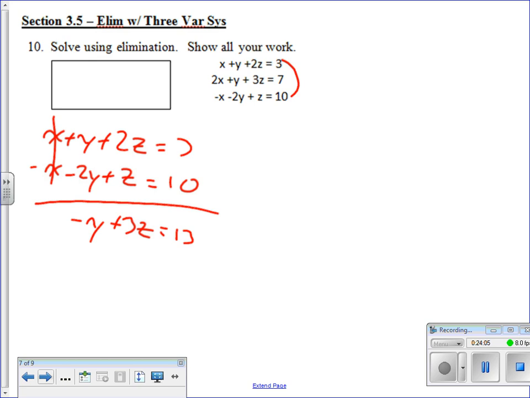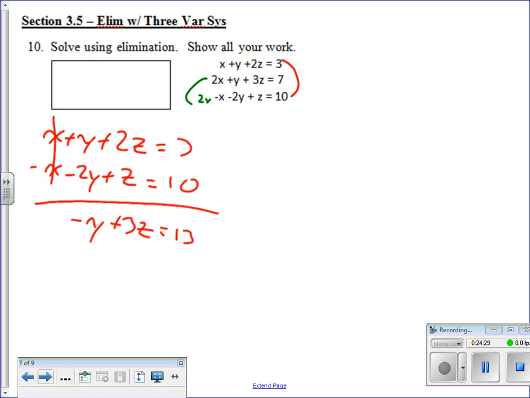Once again, eliminating x, which means I have to use the middle one and one of the other two. Because eliminating y or eliminating z at this point doesn't help. I need two equations with the same two variables or I can't do it. So I'm going to take the middle one and 2 times the bottom one.